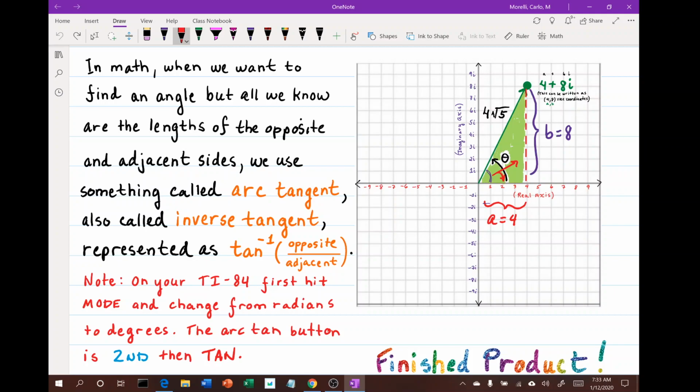So when we know those two things, the way that we find out what the angle is, we do something called taking the arc tangent. This is also called the inverse tangent, represented as tangent to the -1 of the opposite side over the adjacent side.